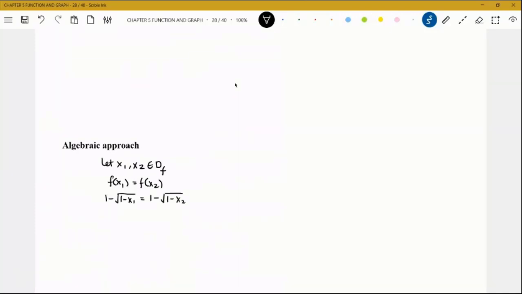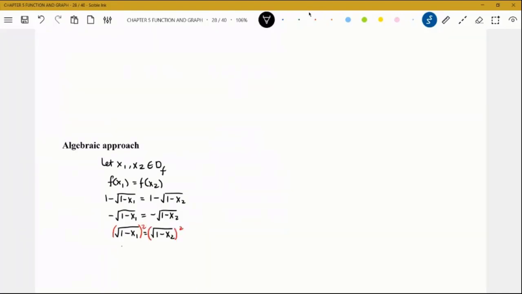So we can cancel out the 1. So we end up with negative square root 1 minus x1 on the left hand side. On the right hand side, we have negative square root 1 minus x2. So kiri kanan hilangkan negative, end up with square root 1 minus x1 equal to square root 1 minus x2. So square both sides.